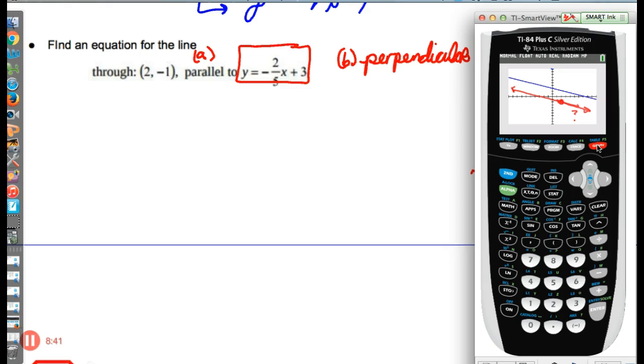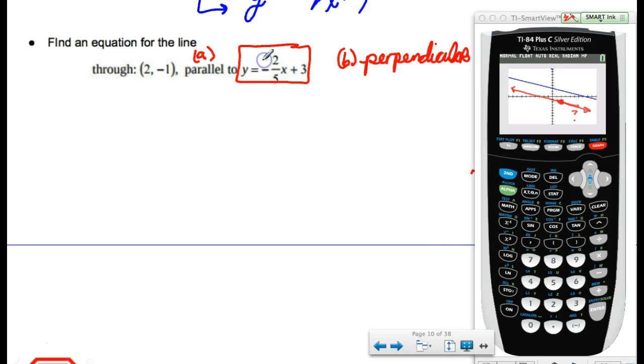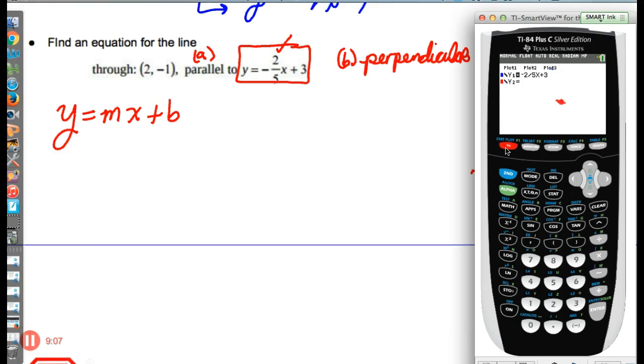Well, what do I know about that line? First of all, to run parallel, I know what its slope has to be. It has to be the exact same thing as this. So I'm going to write that down. When I enter y equals mx plus b on the calculator to try to get my calculator to graph that red line, I drew it, but how could I get my calculator to graph it?